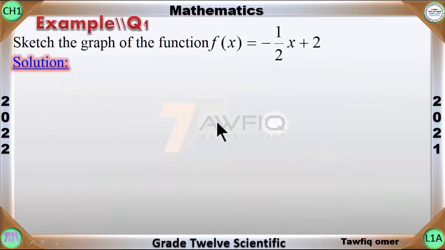Example, question number 1. Sketch the graph of the function f(x) equal minus 1 over 2 x plus 2. As you can see, the x sign is negative, then the graph of the function will be decreasing when we are moving from left to right, like this.